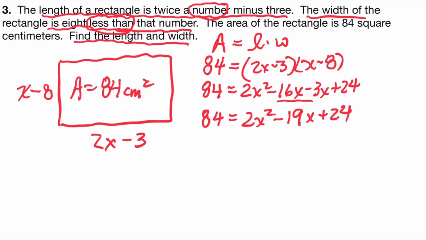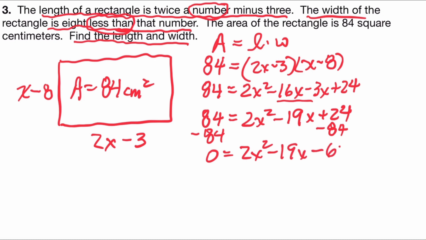Since this is a quadratic equation because of the square on the 2x squared, I'm going to set one side equal to 0 by subtracting 84 from both sides. So 0 would equal 2x squared minus 19x minus 60.